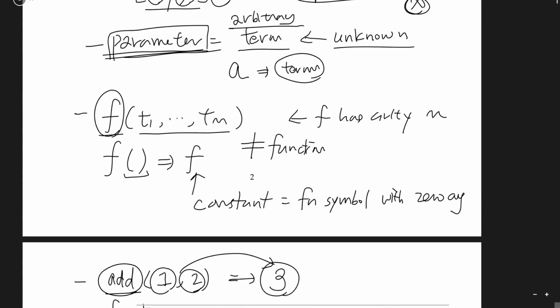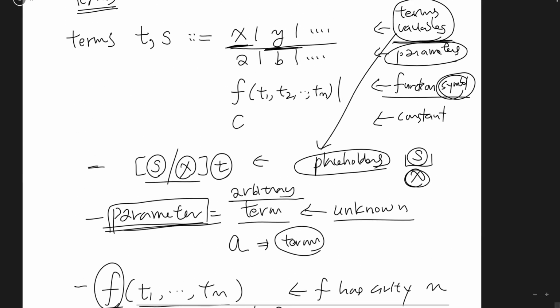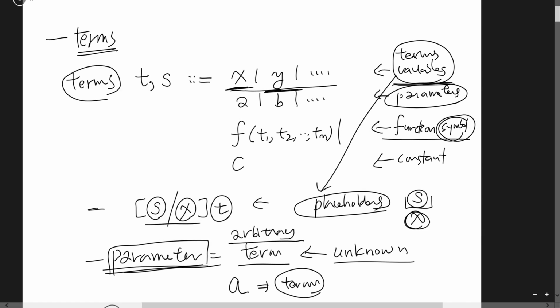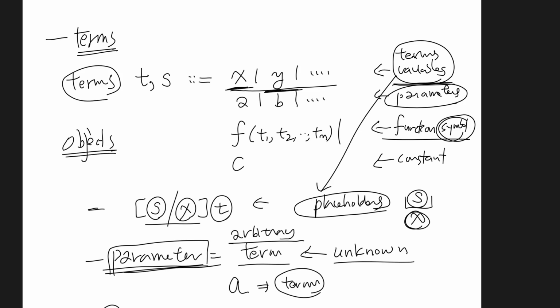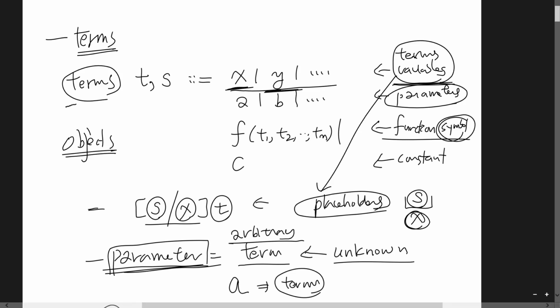So now we have finished the definition of terms. Terms are basically objects that we'd like to discuss using universal and existential quantifiers. There are 4 components in the definition.